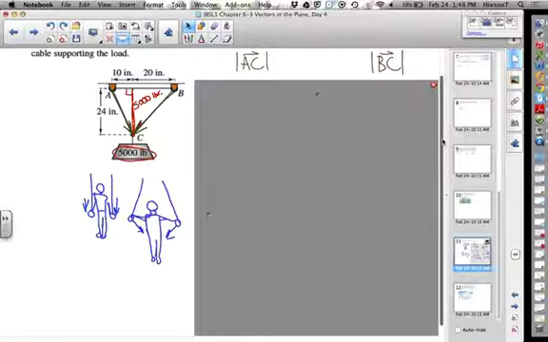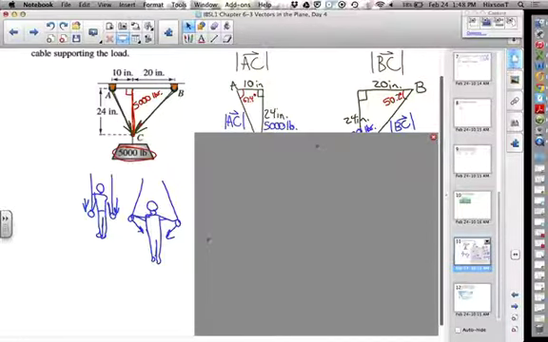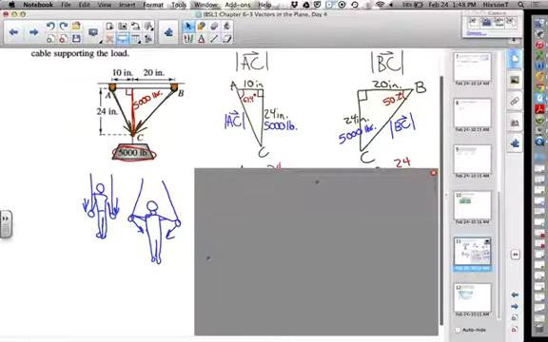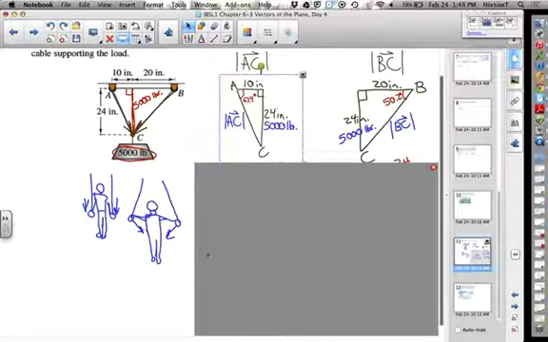So what I did here is I divided this into two separate triangles. You'll notice at the left triangle, I used the 10 inches and 24 inches to find this angle here. How do I find this angle, the 67.4?